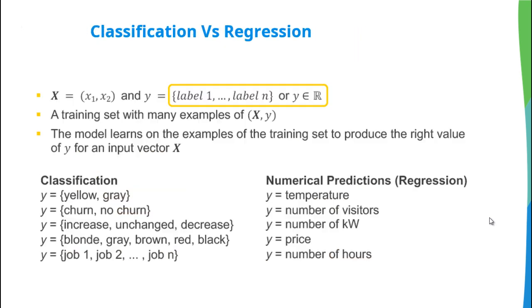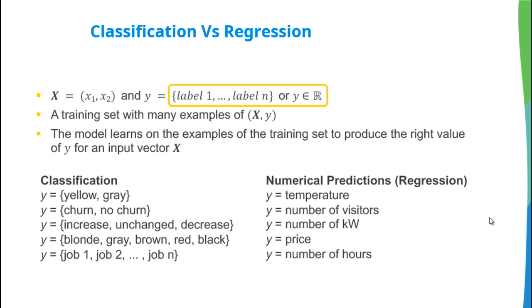So let's go further. For example, we supply a given x1, x2, and y equals label 1 to label n, where y is an element of R, the real numbers. A training set has many examples of x, y. The model learns on these samples of the training set to produce the right value of y for an input vector x.